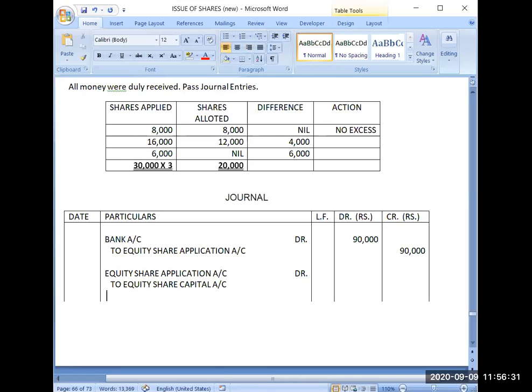Now see the further part. Please now listen very carefully. Please focus on the screen and listen to it carefully, what I am saying and what I am doing.